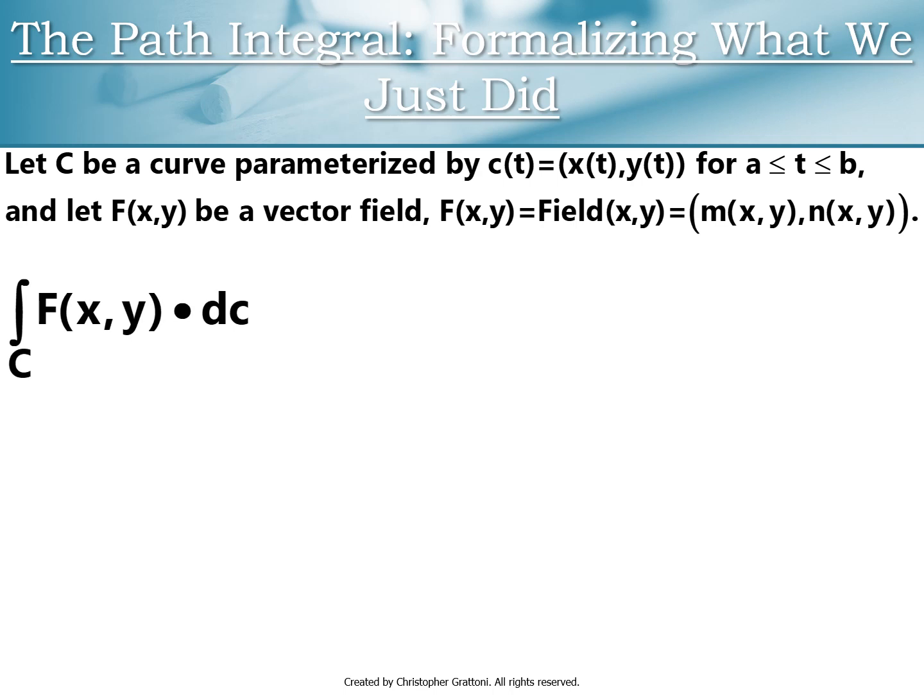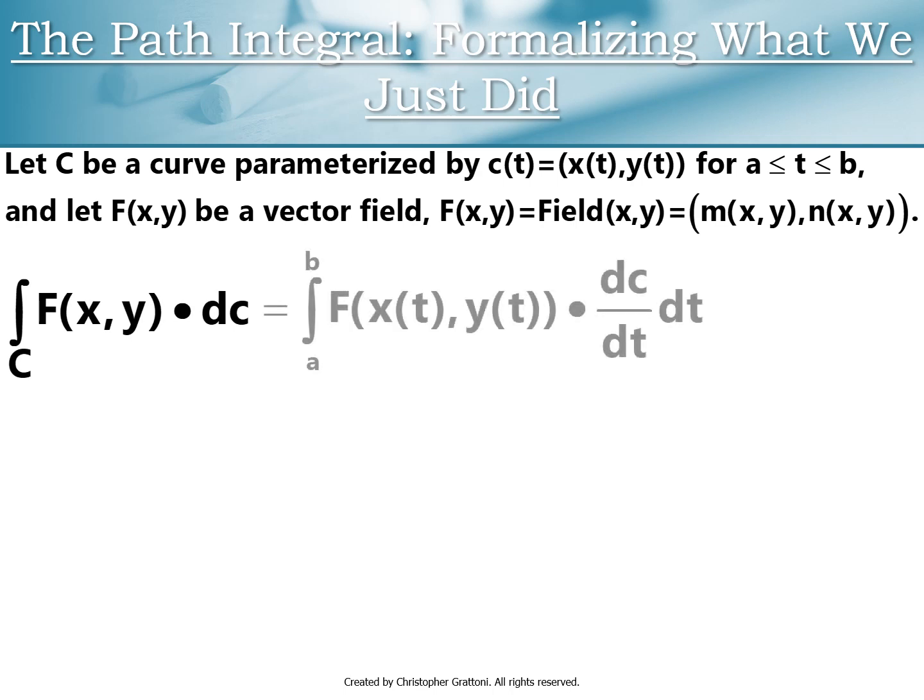All right, so let's take that notation and start to break it apart. First of all, it's kind of weird to think about integrating dC. That's not really very familiar. Integrating with respect to a change in arc length is not really a very intuitive idea. Integrating with respect to a change along a parameterization, not very intuitive. We kind of want to move along dt, with respect to our parameter, right?